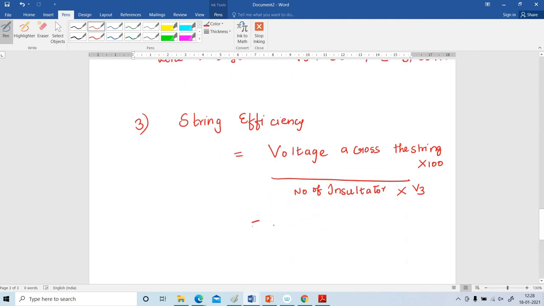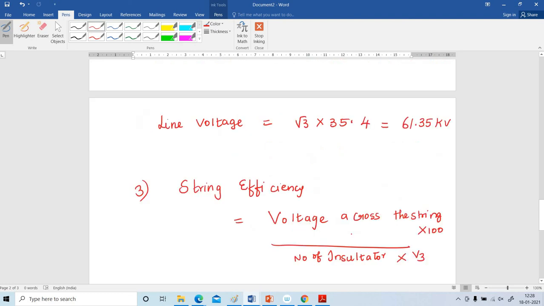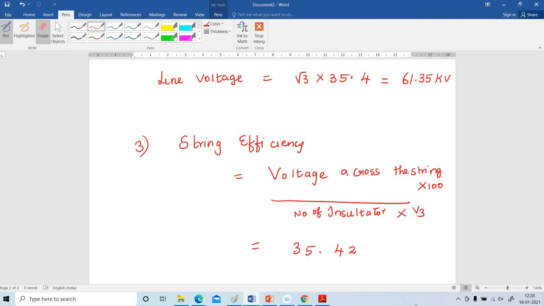What is voltage across the string? V1 plus V2 plus V3, that is 35.4, into 100. So what is the number of insulator? That is 3. So what is the value V3? 15.4. Okay, that is the answer.